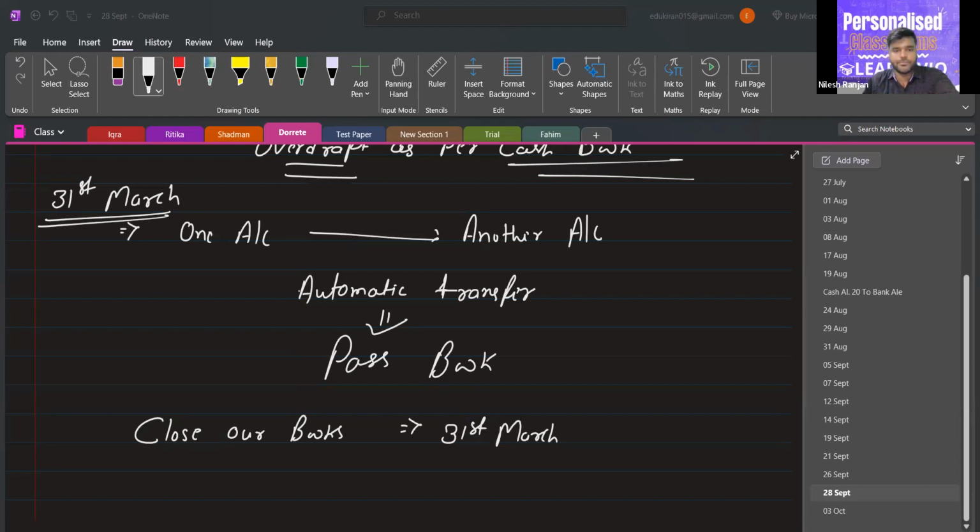The second question. I have to rotate it.